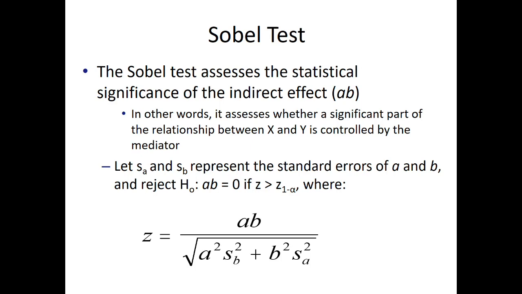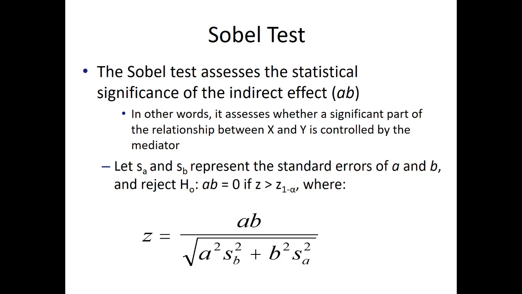That's your indirect effect. So I have the formula down there. Your Sobel test is simply your A path times your B path divided by the square root of your A path squared times the standard error of your B path squared plus your B path squared times the standard error of your A path squared.